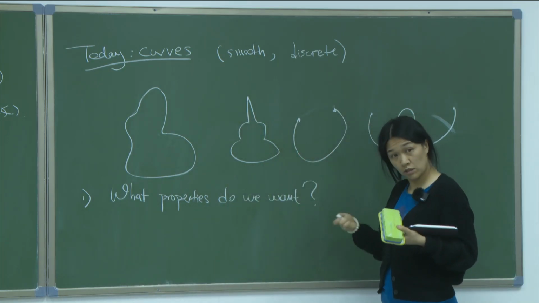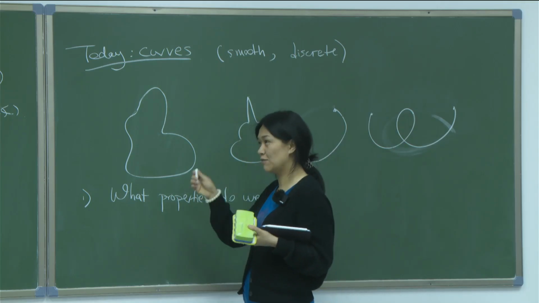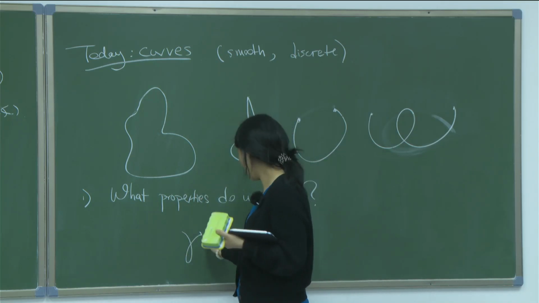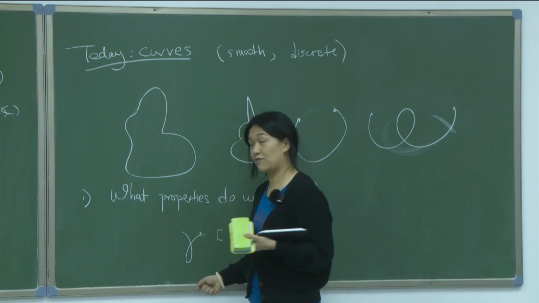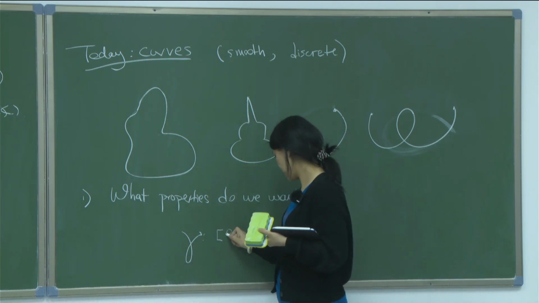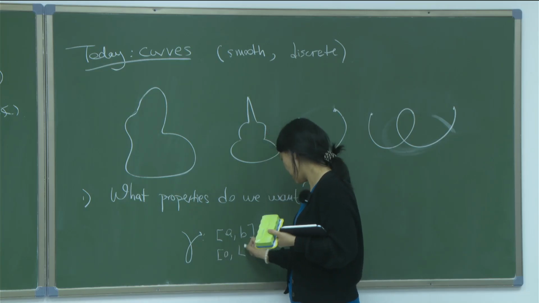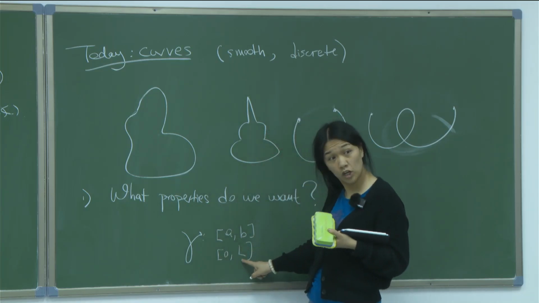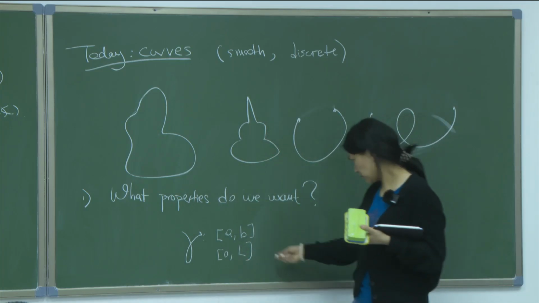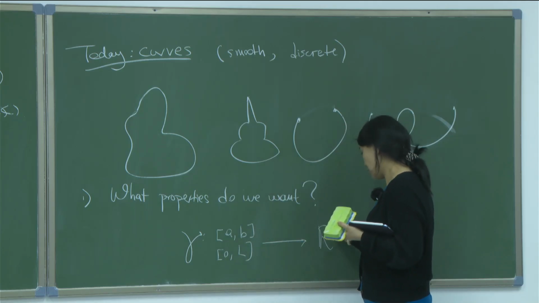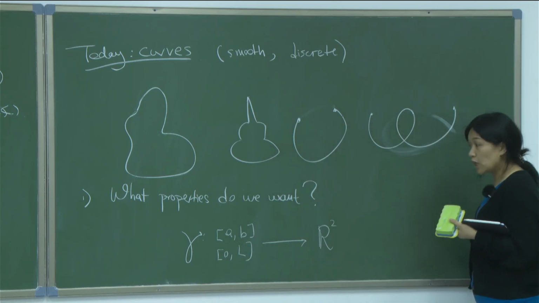Of course, curves are normally denoted C for curve, or gamma, right? And it's defined on some interval, AB, or 0 to L. Well, L normally would be the length of the curve, right? Well, it can go to Rn, but let's just do R2, right? Okay.